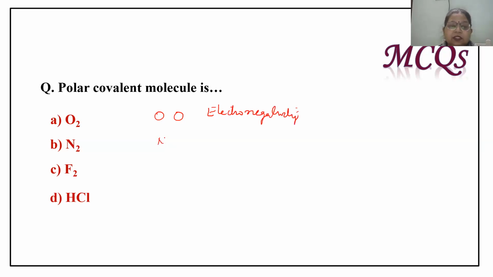There are 2 oxygen, 2 nitrogen, 2 fluorine, 1 hydrogen, 1 chlorine. Both of them have equal tendency to attract the shared pair of electrons. Bond pair will remain in between 2 oxygen atoms. Similarly, in this case, it will remain between two atoms. Between fluorine, it will remain between 2. For HCl, it will lie closer to chlorine.